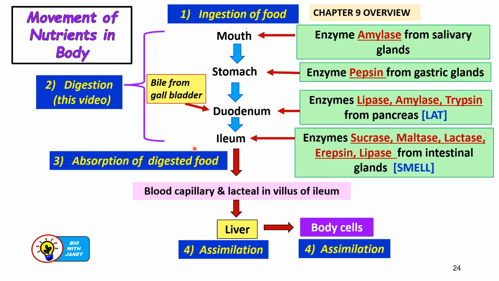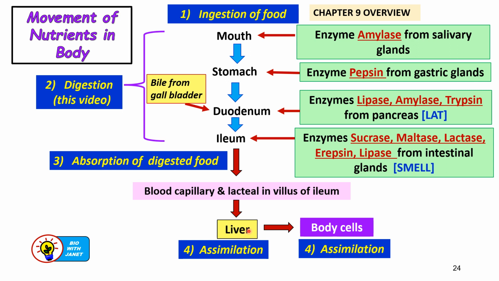So after that, the food has to be absorbed. So there's absorption of digested food into the blood capillary and lacteal in the villus of the ileum, so that the simple products of food digestion will go into the blood and be transported to the liver.